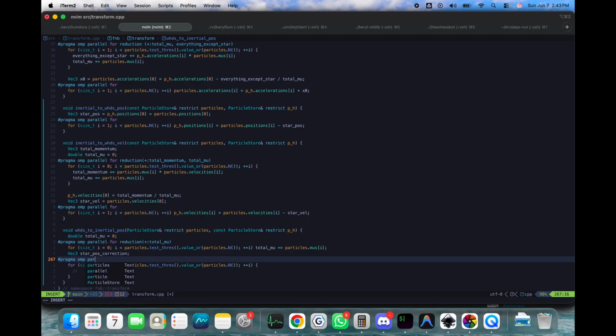Pragma omp parallel for reduction plus colon star pos correction.